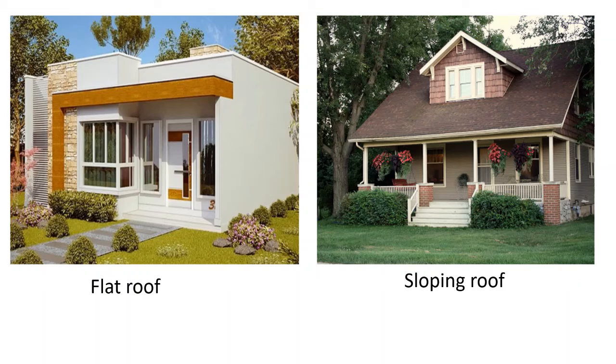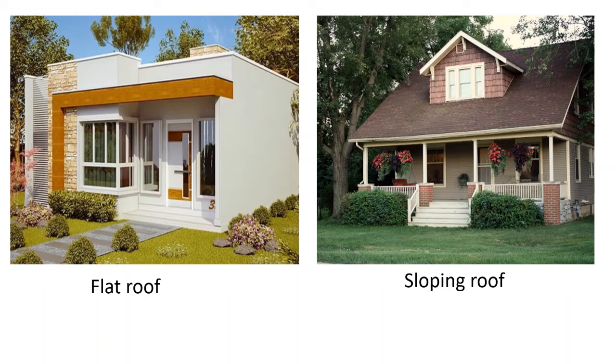I will tell you. There are different types of roofs. Some people make flat roofs on their houses, some make sloping roofs. But the type of roof on a house usually depends on the climate of the place.